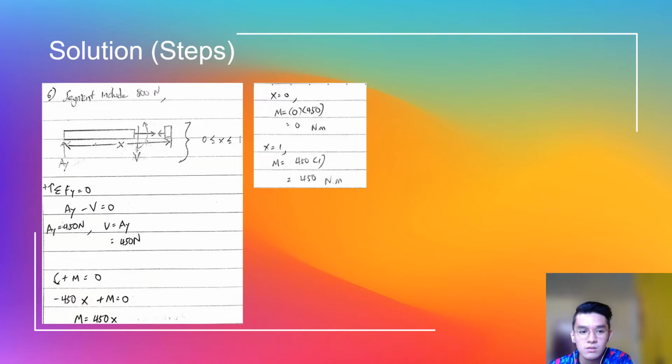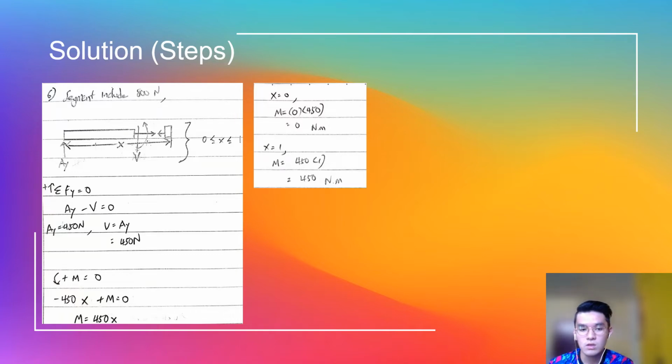Next, let us look at the segment which includes 800 Newton. Assume the summation Fy equal to 0. We found that the shear force was 450 Newton.